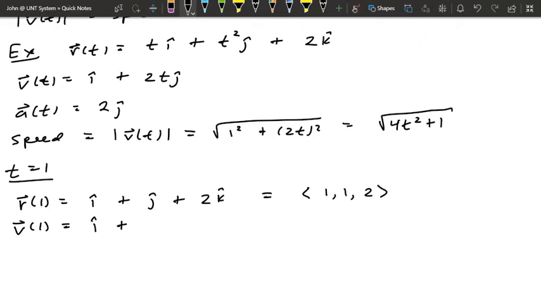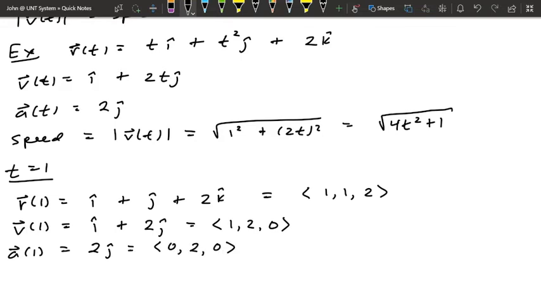So it's i plus 2t j, so i plus 2j, or 1, 2, 0. The acceleration at time 1, 2j. So the acceleration is constant. The acceleration does not change. And the speed at time 1, 4 times 1 squared plus 1, or square root of 5.